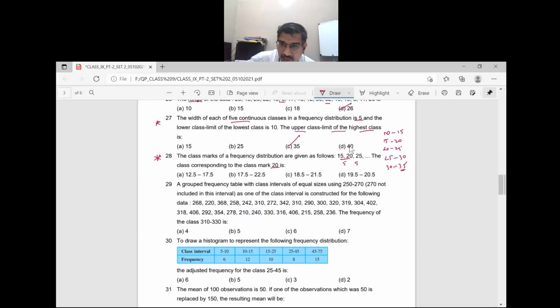Likewise, the class marks difference also gives the class size, so the class size must be 5. Here the difference between the upper limit and lower limit is 5, but the difference between this is 3. The difference between these two is 1. So this won't suit. Are you getting what I said, children? Any doubt?